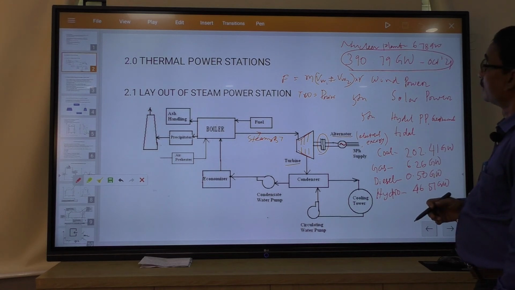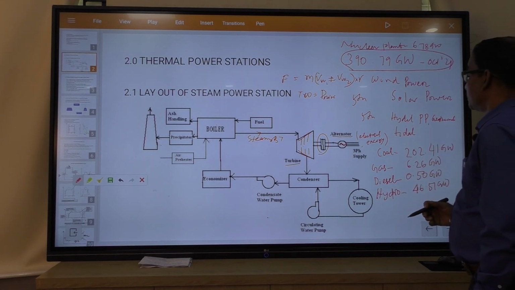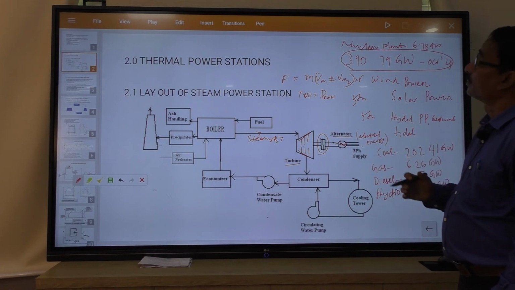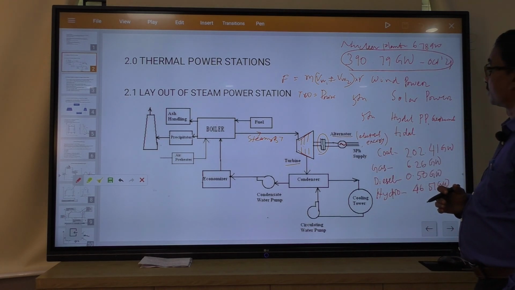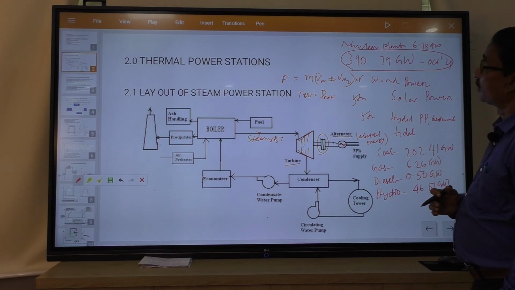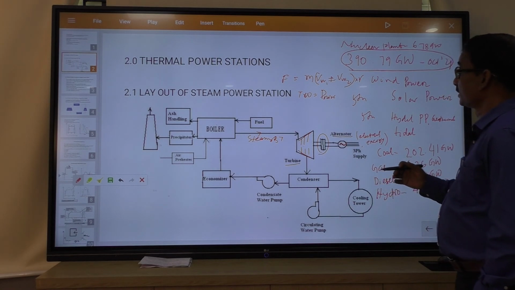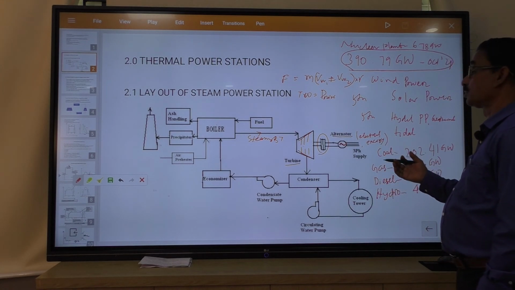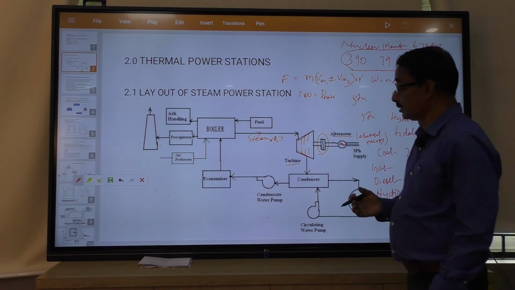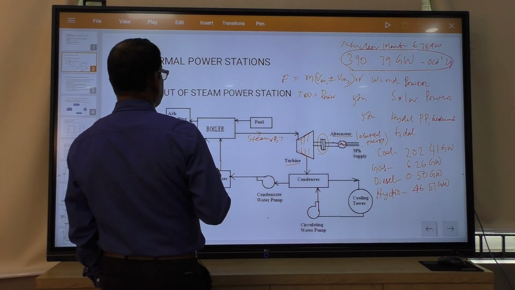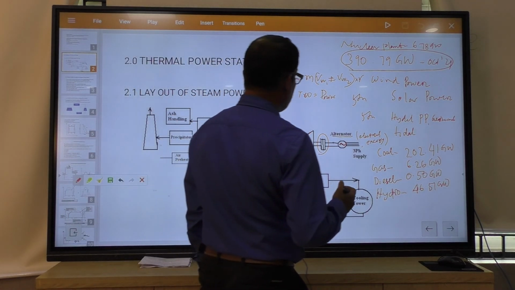Therefore, power station engineering is a very important subject for both mechanical and electrical engineers, because the same electricity is produced, and it is common to both branches.